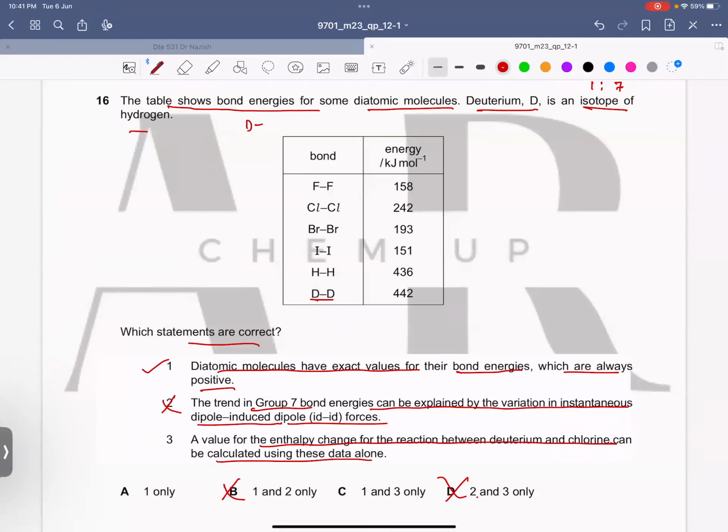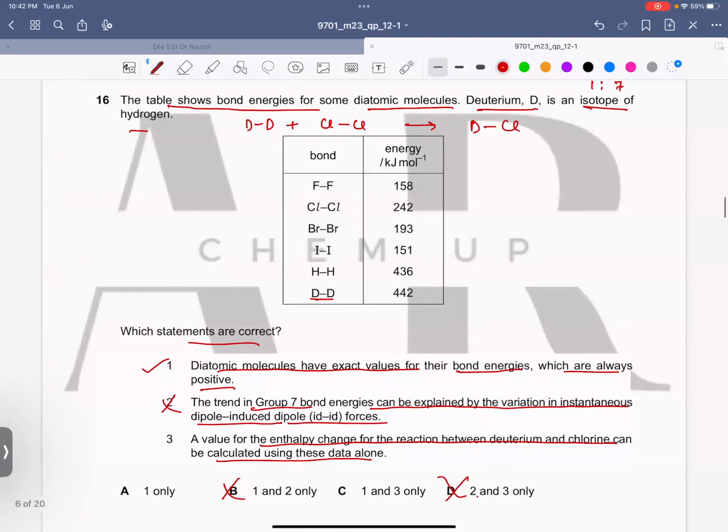So here is deuterium and here is chlorine, and you are going to get 2 moles of deuterium chloride. So the bond energy of this bond is missing, right? And if it's missing, the third statement is wrong as well, which makes C wrong as well. And A is the correct answer.